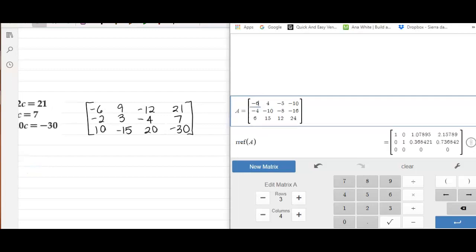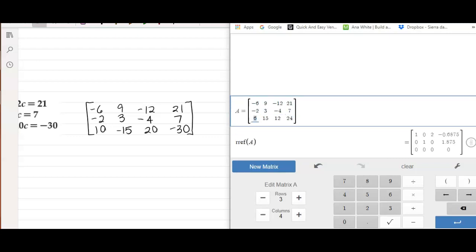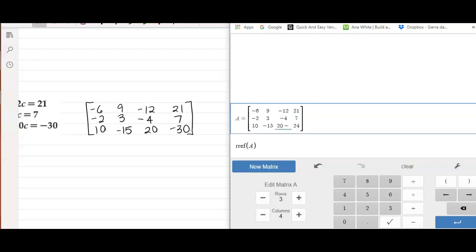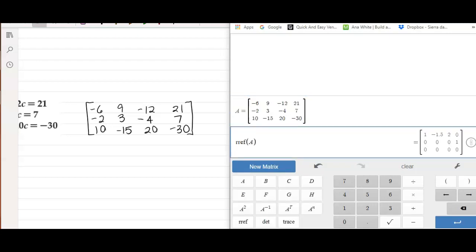We have negative 6, 9, negative 12, 21, negative 2, 3, negative 4, 7, 10, negative 15, 20, negative 30. Notice what we get when we reduce it. We end up with 1, 0, 0 in the first column, negative 1.5, 0, 0, 2, 0, 0, 0, 1, 0.